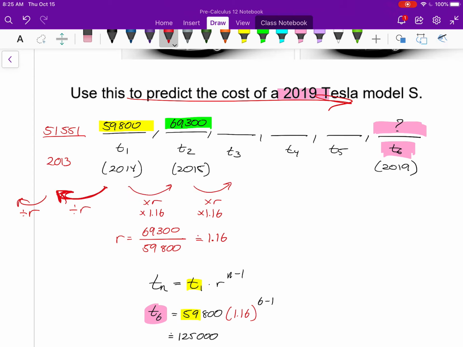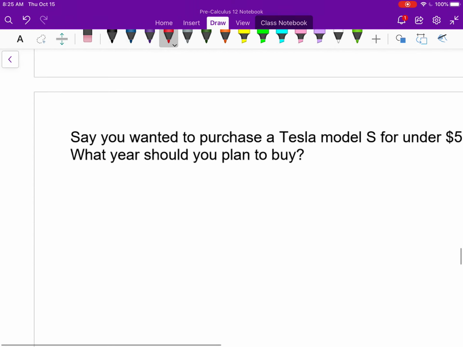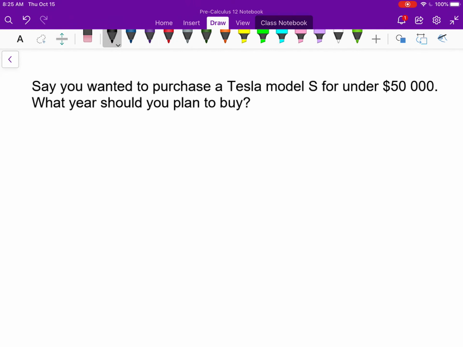If I divide by r again, I get about $44,441. So what year is that? That's the 2012 model. Notice I didn't need any formula to do that. Once I knew the common ratio going this way, I just divide by that number going the other way. So the answer is, you should buy about a 2012 model.